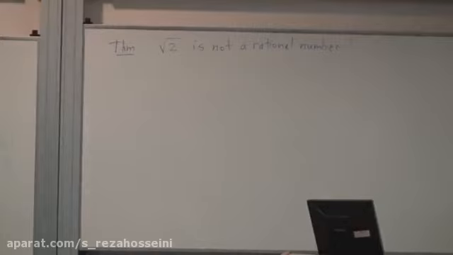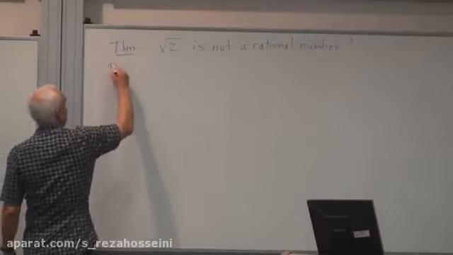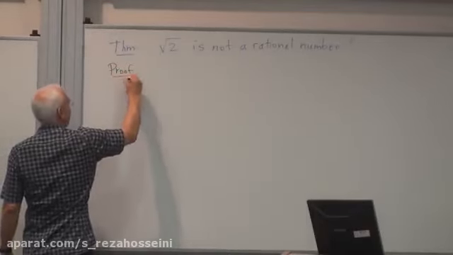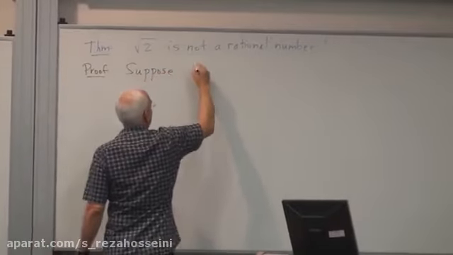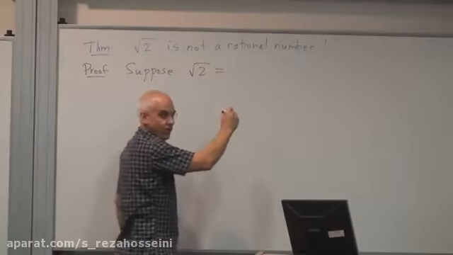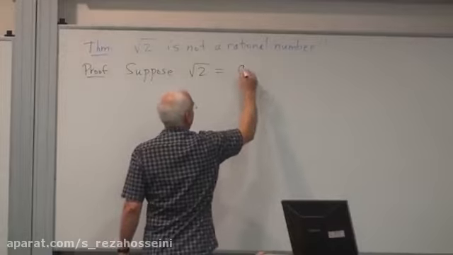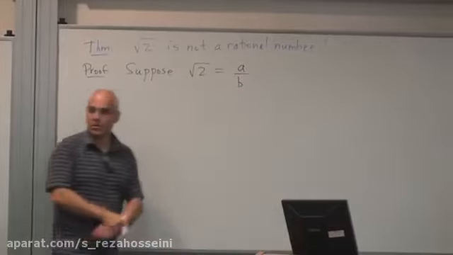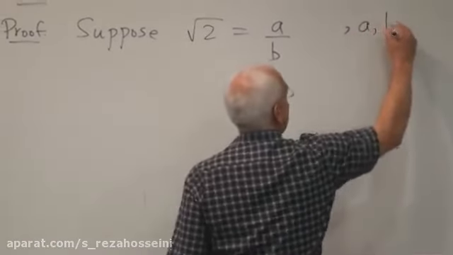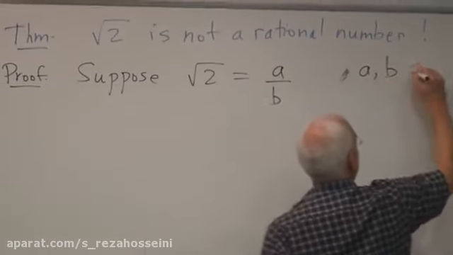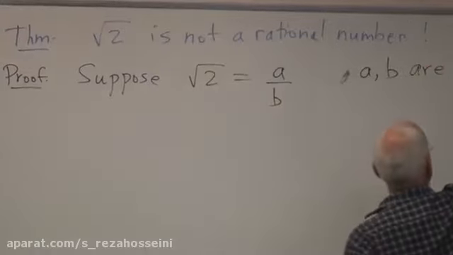Okay, it's a famous argument. So proof. Suppose that root 2 actually is a fraction, a over b, where a and b are natural numbers.